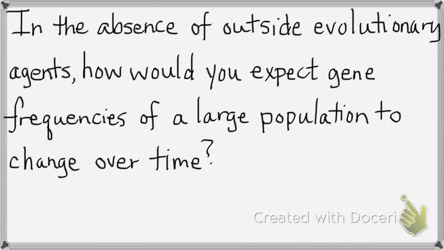In the absence of outside evolutionary agents, that means there's no mutation, there's no genetic drift, there's no migration, everybody's randomly mating, there's no natural selection. So evolution's not occurring. How would you expect gene frequencies of a large population to change over time if there's no evolution?